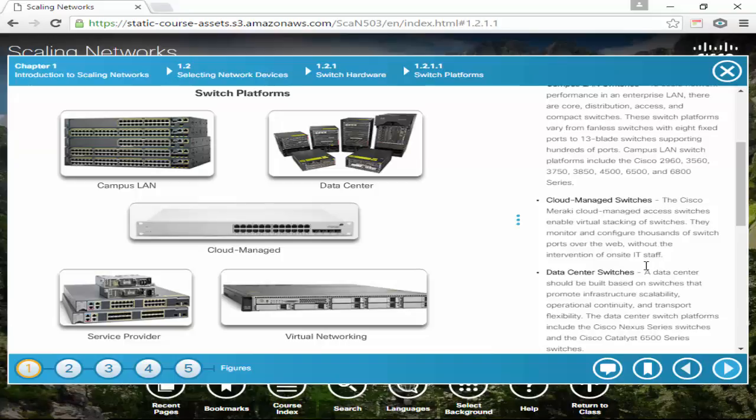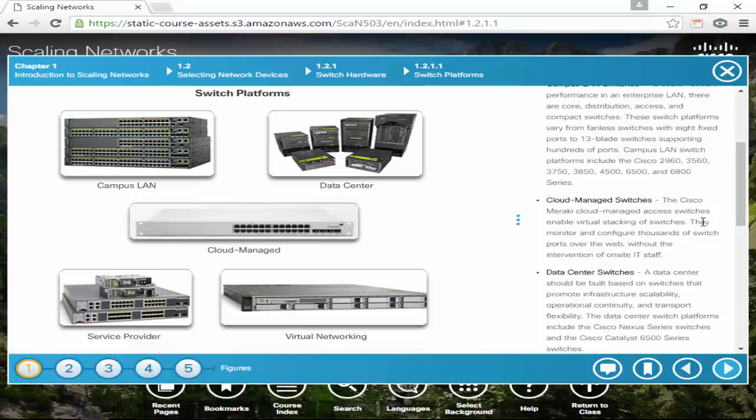As long as they can get to the internet, you can program these and manage them from a web-based portal. Okay, so they're pretty nifty. You can also do it with these campus LAN switches, but you have to buy very expensive software from Cisco to do that.